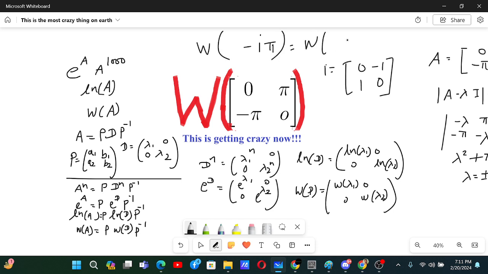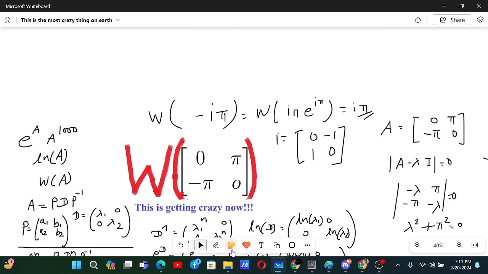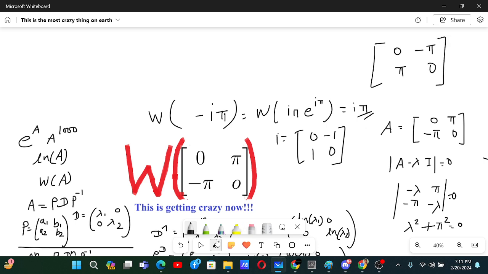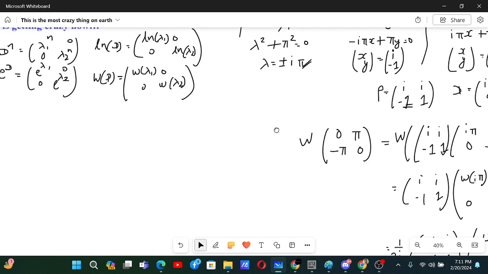That would be Lambert W of i pi, and again minus is e to the power i pi. So this is just i pi. So I was thinking that the answer I would get is i pi, that means 0, minus pi, pi, 0. I was hoping to get this answer, but lol, I got something very bad.